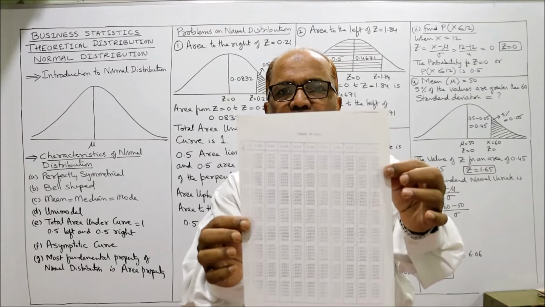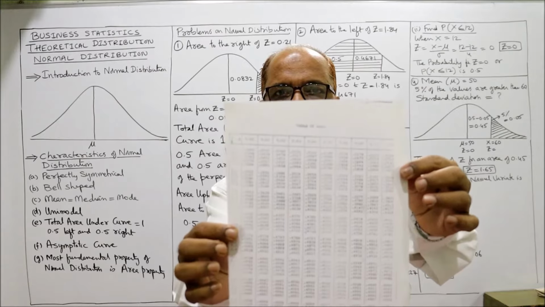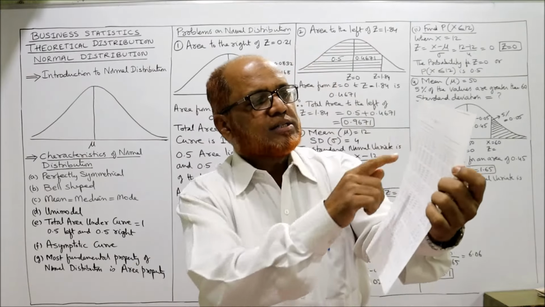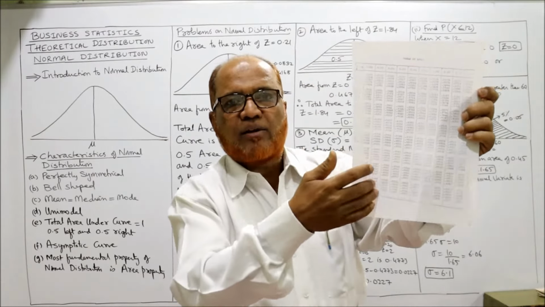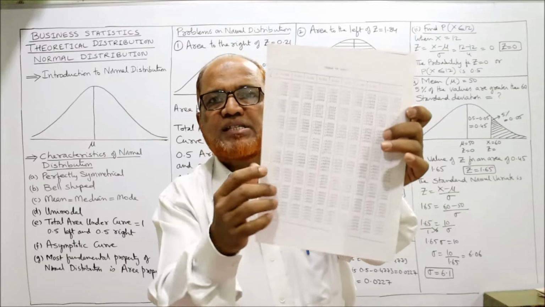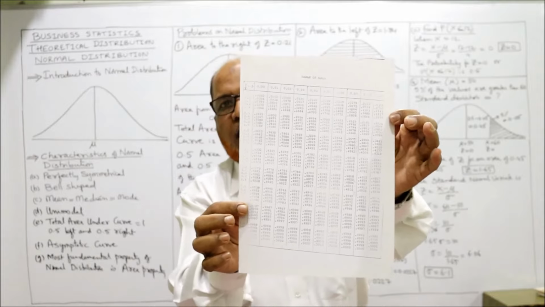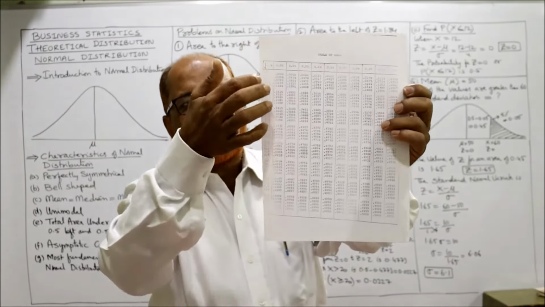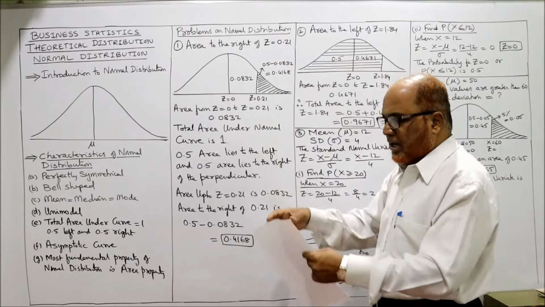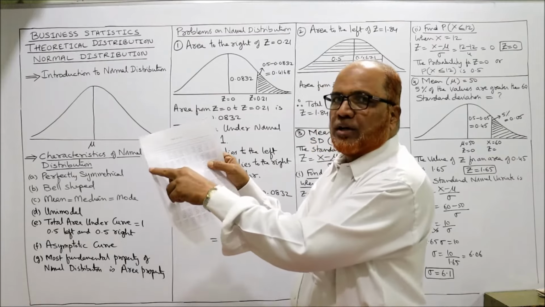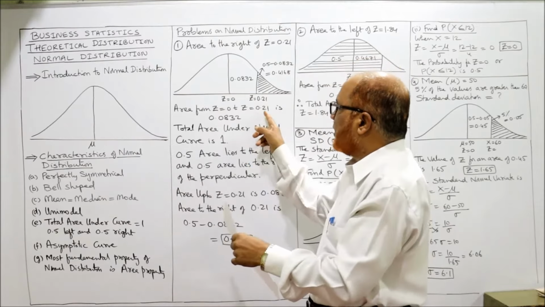In this area table, the first column and first row have Z values, and the body of the table gives you all the areas. The first row at the top and the left side are the Z values. Now we need the value 0.2 under 1. So in the row of 0.2 and the column of 1, we find 0.21.